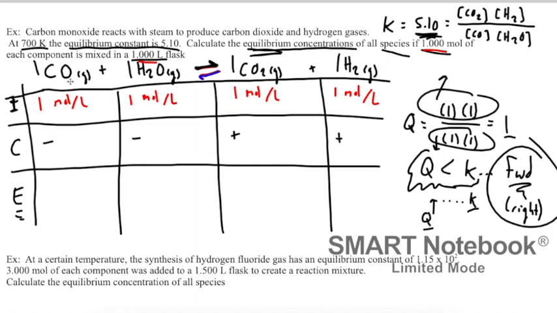That means that whenever 1 mole of CO gets consumed, the exact same amount of H2O gets consumed, and the exact same amount, 1 to 1, of CO2 gets produced, and the exact same amount, 1 to 1, of H2 gets produced. So I have got to think about stoichiometry. I have got to think about mole ratios for this part of the problem.